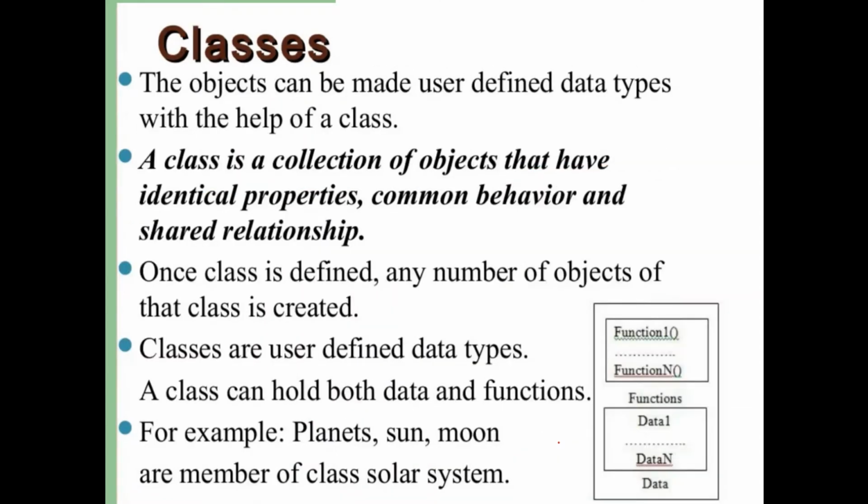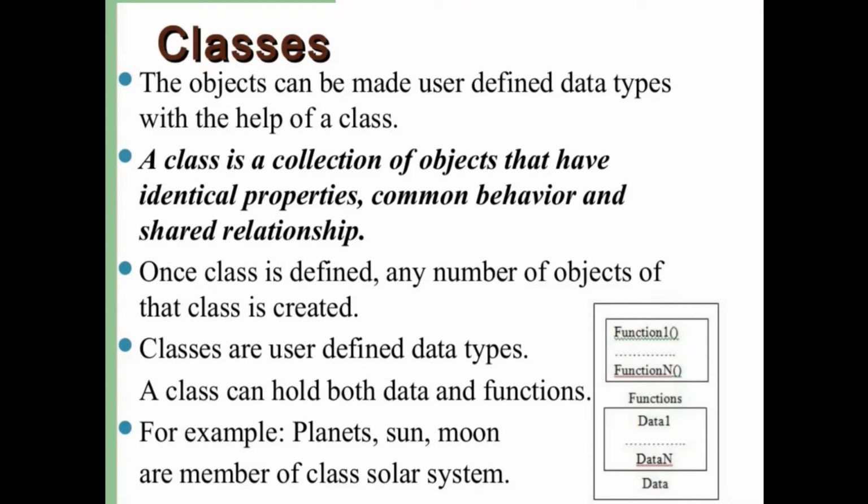Coming to the second concept of object-oriented programming, this is classes. Objects can be made user-defined data types with the help of the class. So in short, you can define a class as a collection of objects, or a collection of similar type of objects that have identical properties, common behavior, and shared relationships.